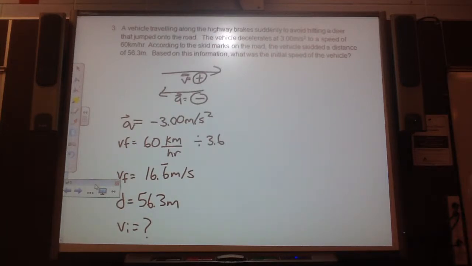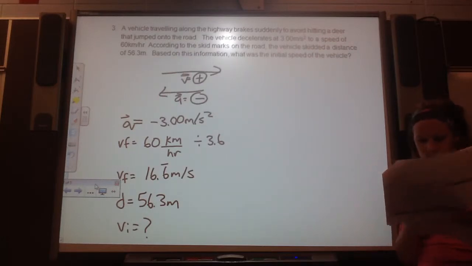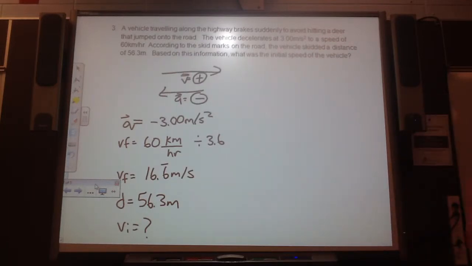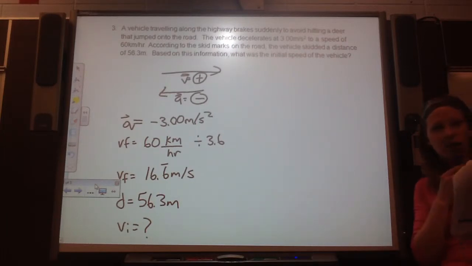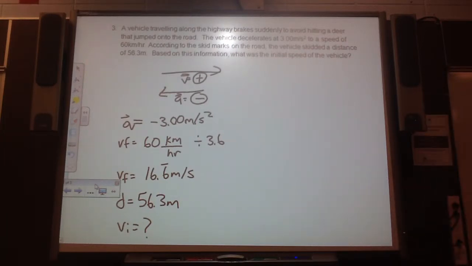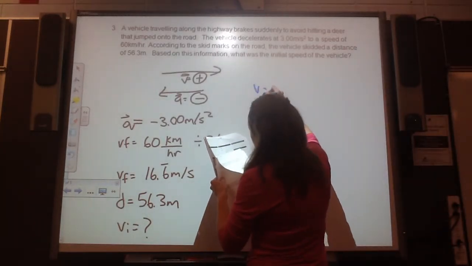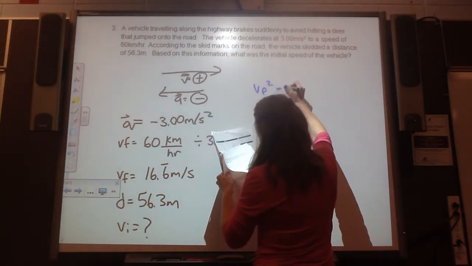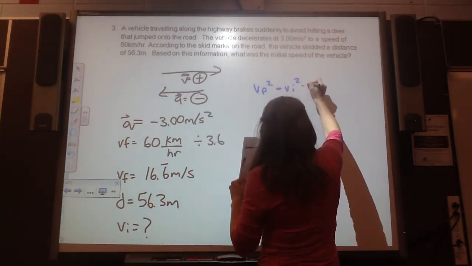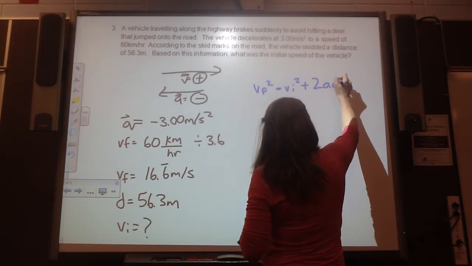I want VF, VI, D, and A. Can anyone find it? What about the one that says VF squared equals VI squared plus 2AD? Okay? So VF squared equals VI squared plus 2AD.